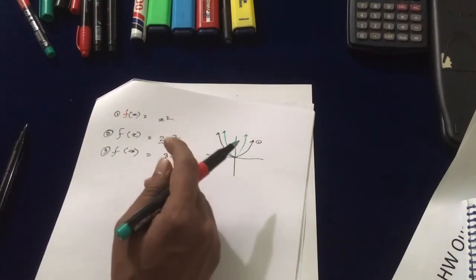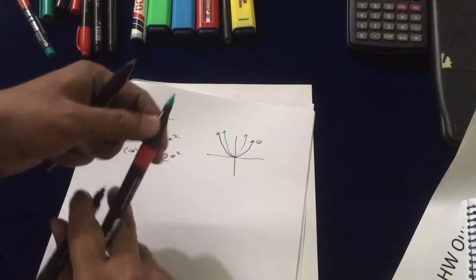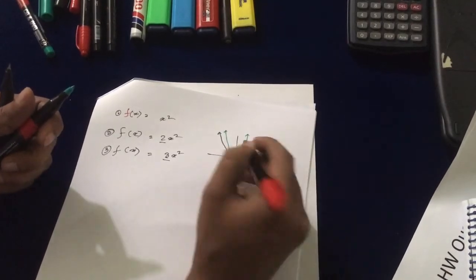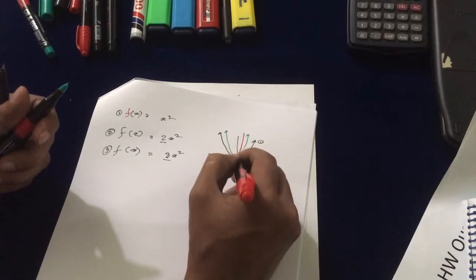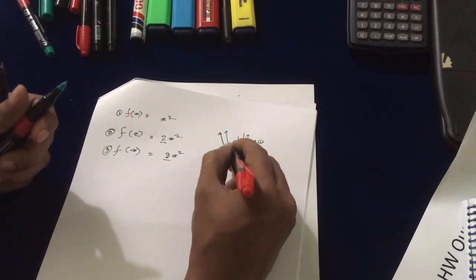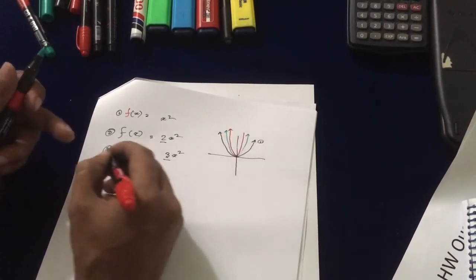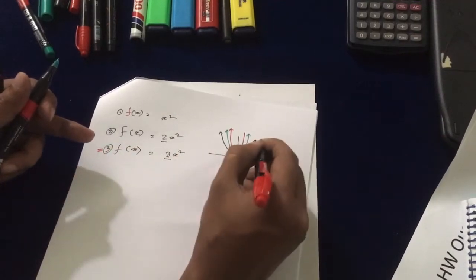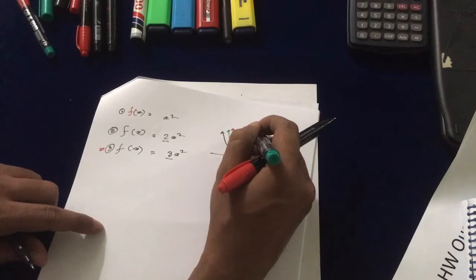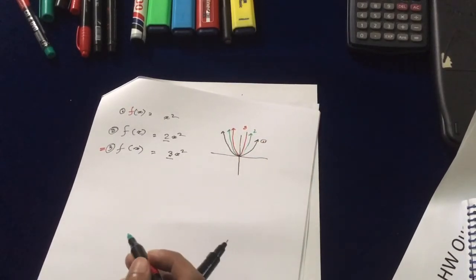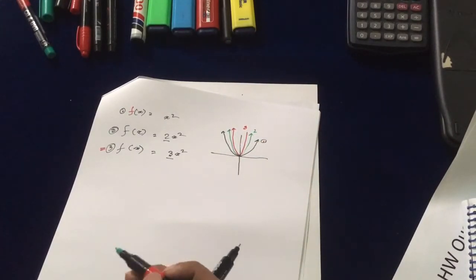Then if it is 3, then the graph will move even faster. So this red is 3, and this is 2. So the shape of the graph will be like this.